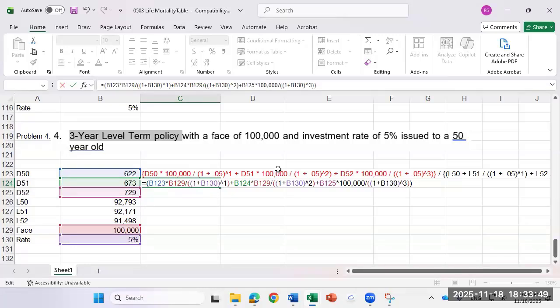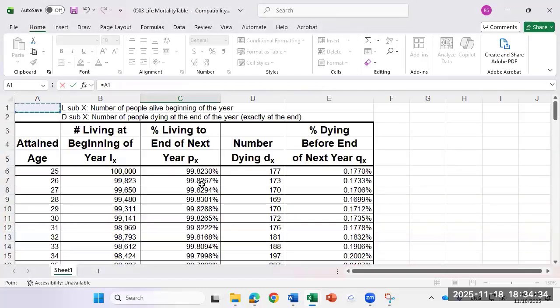I think it's for your B129, cut up before you hit the division part, after the B124, so it's B124 times B129.